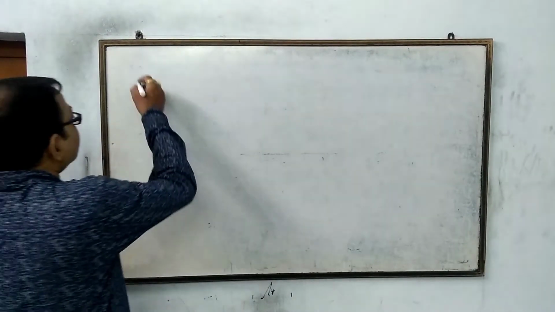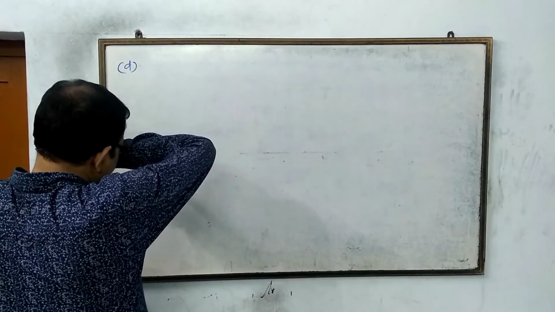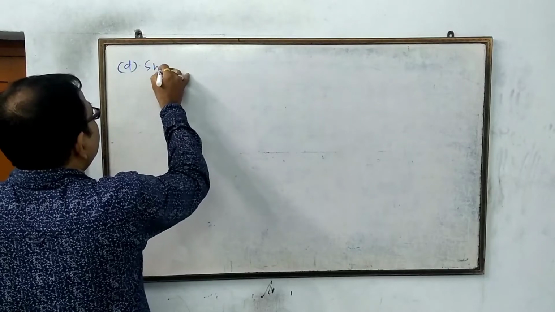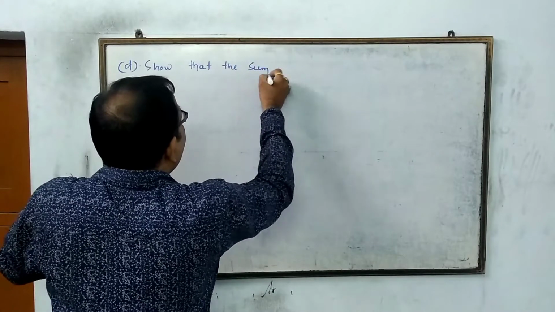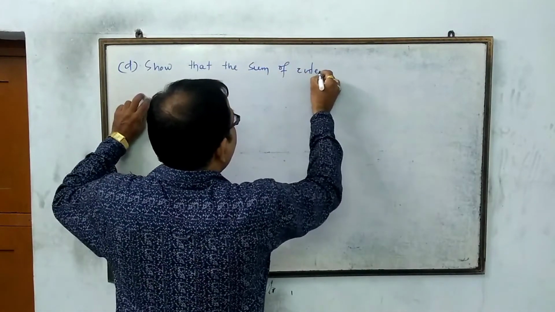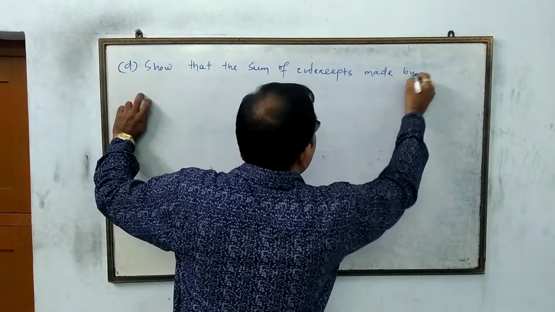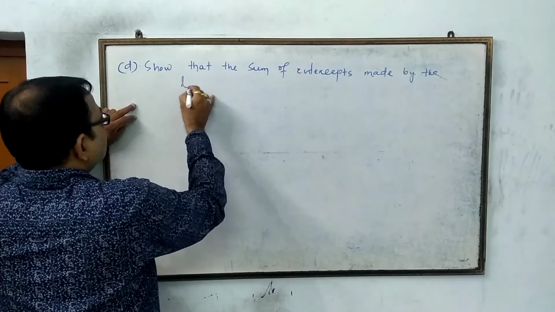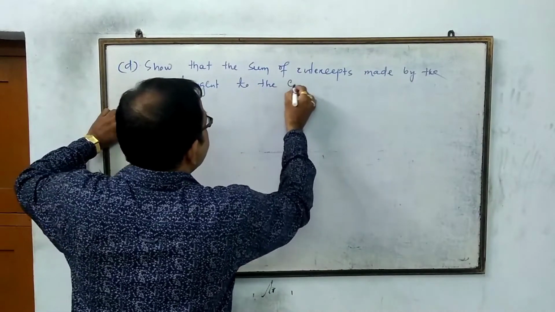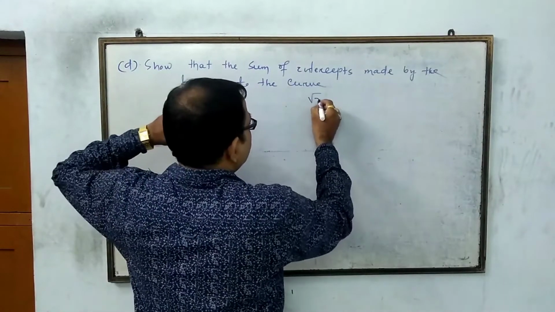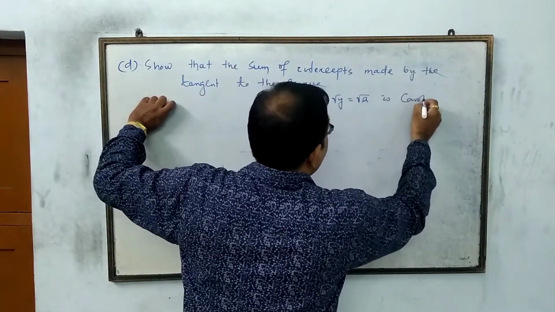Next question, question number D, 4 number question. So that the sum of intercepts made by the tangent to the curve root x plus root y is equal to root a is constant.